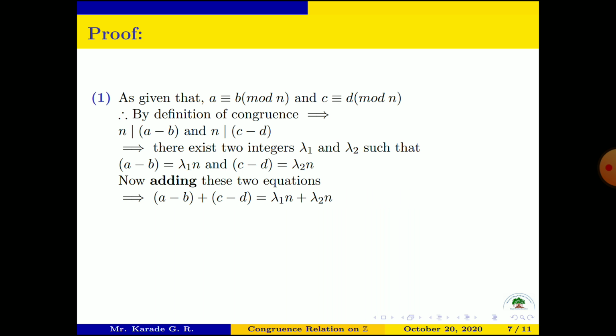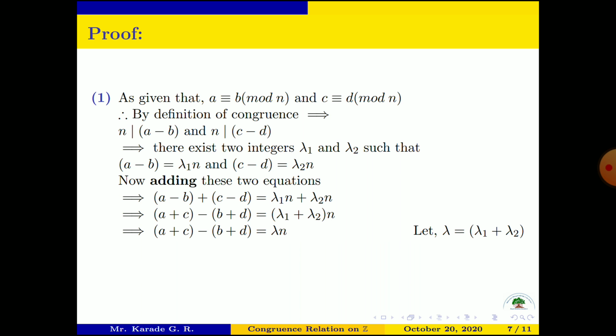So लेफ्ट हँड साईडमध्ये ॲड करायची आहे आणि राईट हँड साईड ही राईट हँड साईडमध्ये ॲड करायची आहे. So this is nothing but, left hand side is as it is, we make the adjustment a plus c minus (b plus d), and it is equal to, on the right hand side we take n common.